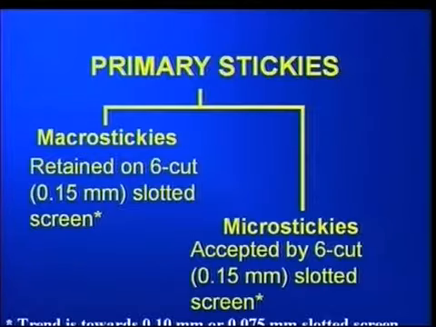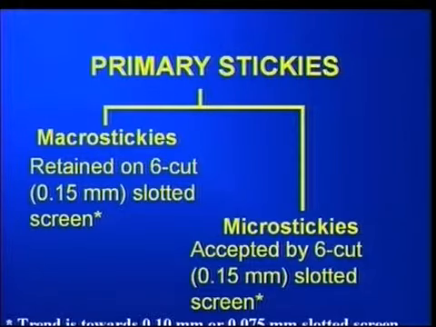When we talk about primary stickies, we are talking about either macro stickies, which are large in size and correspondingly retained on a 6-cut slotted screen. Those that pass through the 6-cut slotted screen are called micro stickies. Here I have said that 0.15 millimeter or 6-cut slotted screens are used to distinguish between macro stickies and micro stickies.